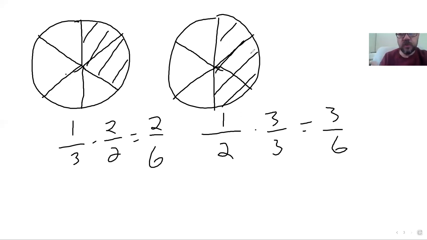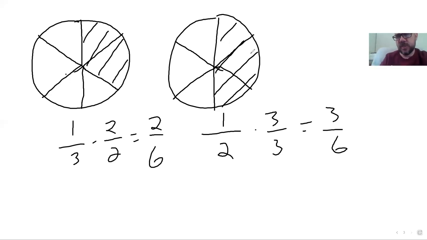They're both whole numbers of sixths, so we can combine those. That's the basic idea of adding and subtracting fractions: you chop them up into smaller pieces until they're both the same kind of thing, and then add or subtract those. That's the main idea for adding and subtracting that we'll get to in a second.